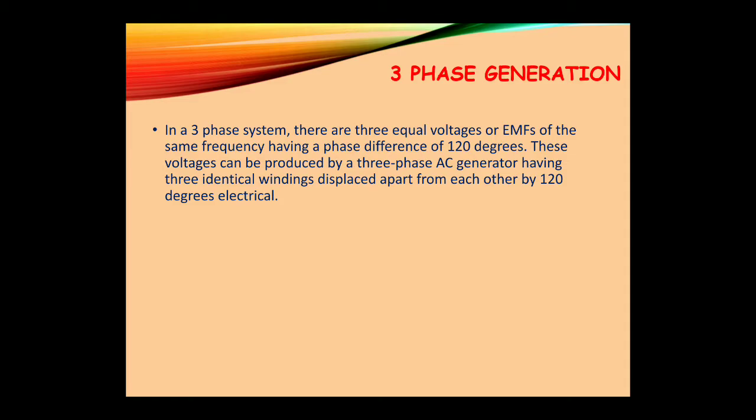And we have to consider that the coils are identical. That means the coils which form the star connected three-phase winding have the same number of turns, or the resistance and inductive reactance of the coils are the same, so it is identical in nature.